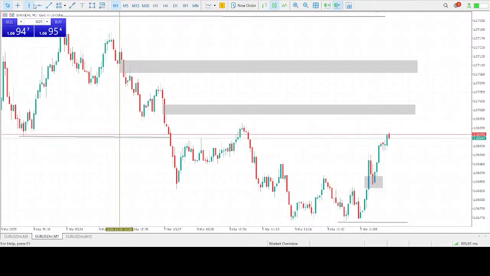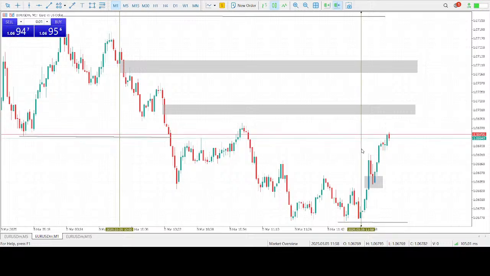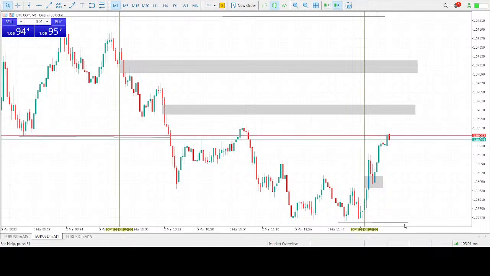So I will now introduce my demarcations for time, and this is where I have the 7 o'clock morning bell started. It has found that price was coming back to this price point and then went above.